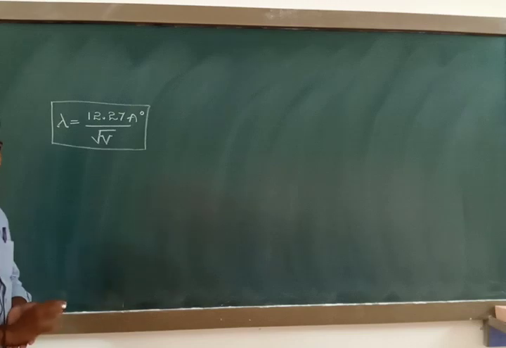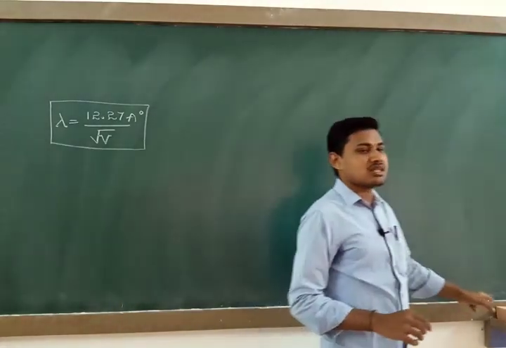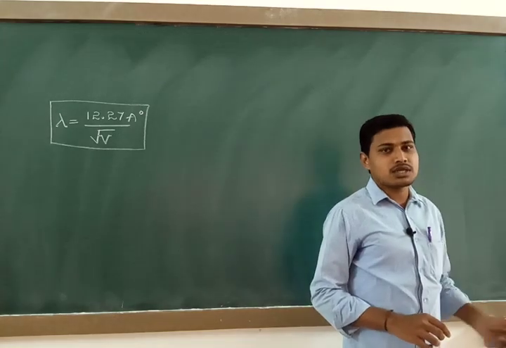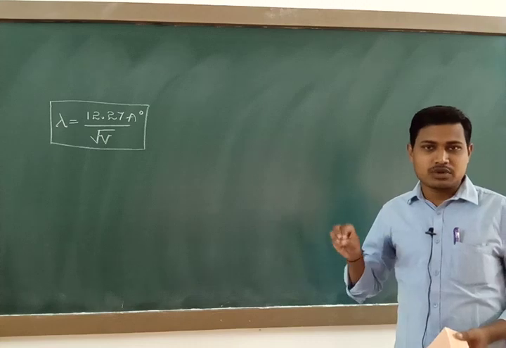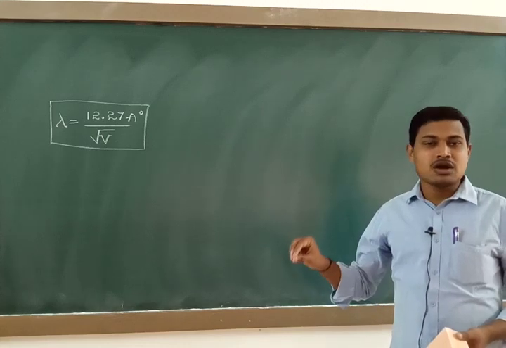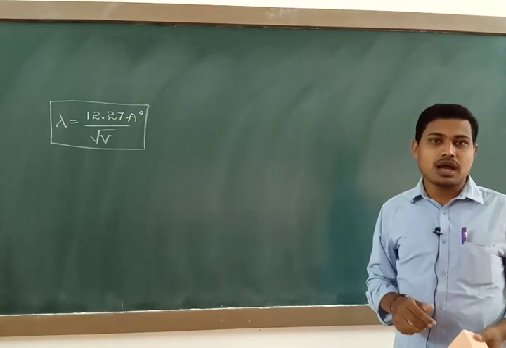For today's class, I am going to discuss the Davisson and Germer experiment. What is this experiment mainly focusing on? The Davisson and Germer experiment gives the practical proof for de Broglie's theoretical hypothesis.